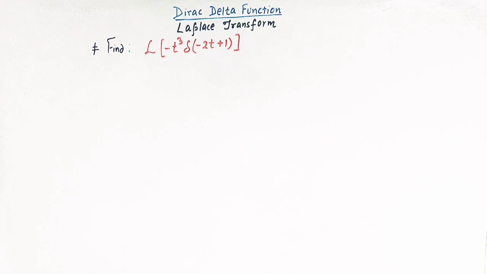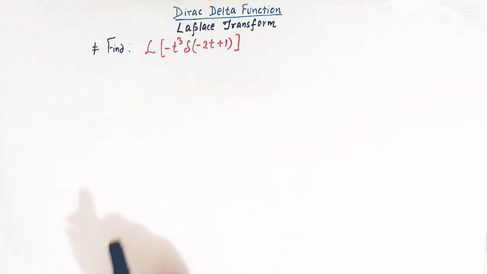Hello viewers, in today's session we are going to discuss an important problem related to Dirac delta function. In this class we are going to find the Laplace transform of functions involving the famous Dirac delta function.